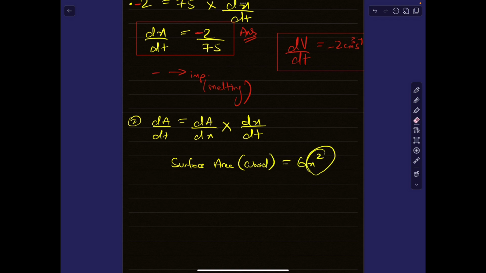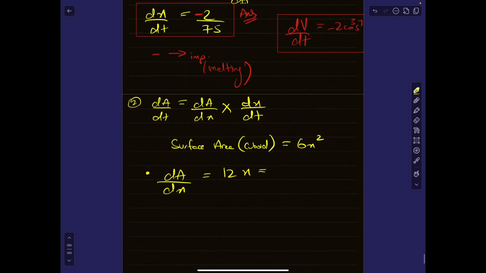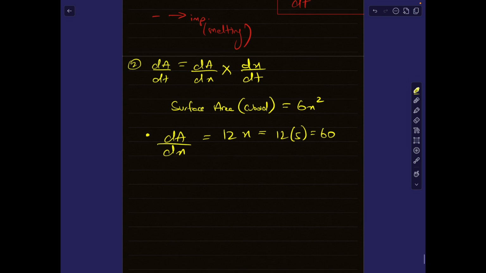X square is the area of one face, and we have 6 faces. Thus, differentiating this would give me dA over dx, which is 12x. At that instant the value of x is 5. This is my value of dA over dx.